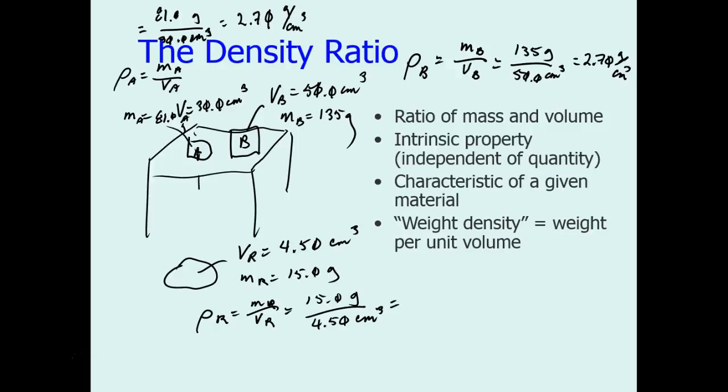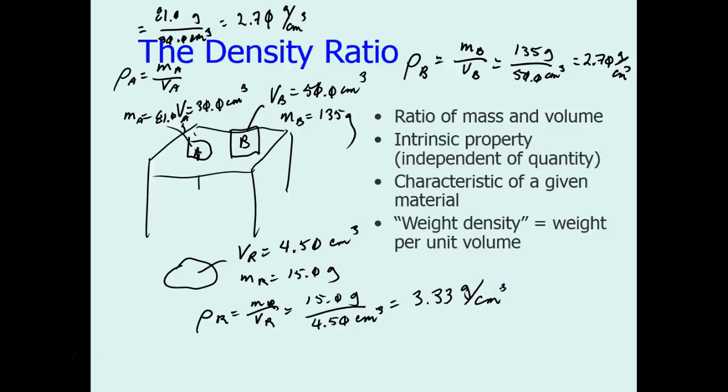Got a calculator? 15 divided by 4.5. Yeah, 3.33. Okay, and that's it? Yeah, 3.33 grams per cubic centimeter. What is it close to?